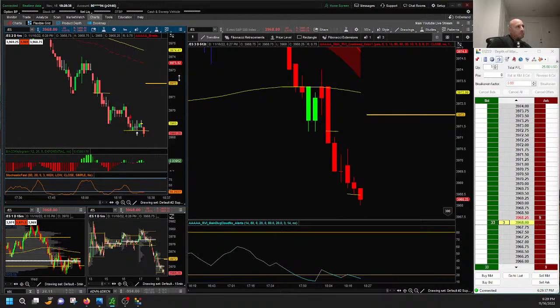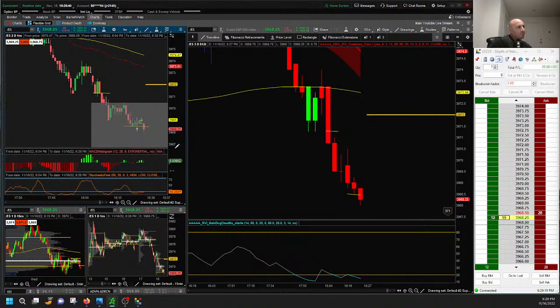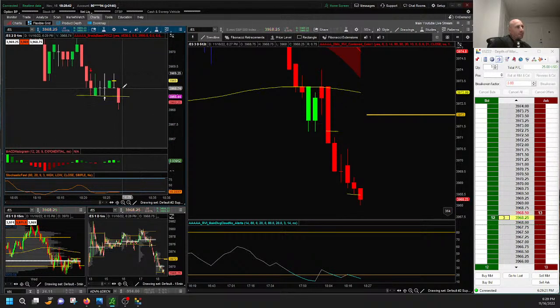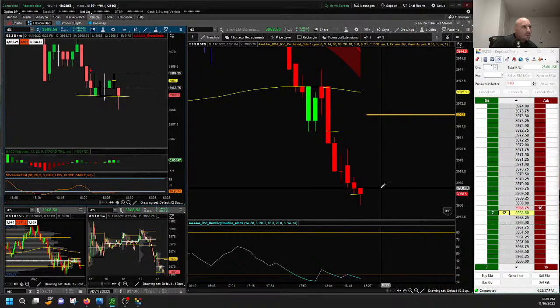So there's that low. Again, if we could reverse from here and get back up, oh, I love it. So we got about 5 seconds left in this candle.